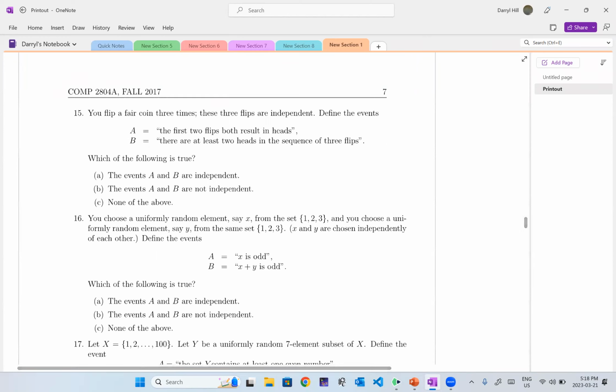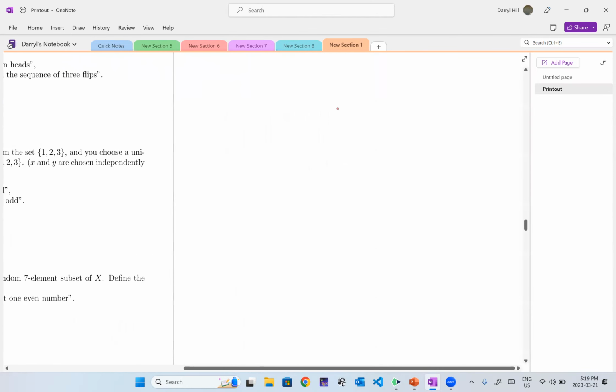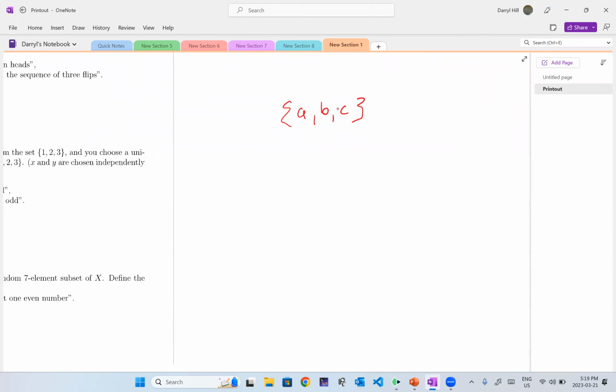What about an A free string? So let's say we have an alphabet of A, B, and C, or it could be A, B, C, D. And let's find the number of A free strings, defined recursively.